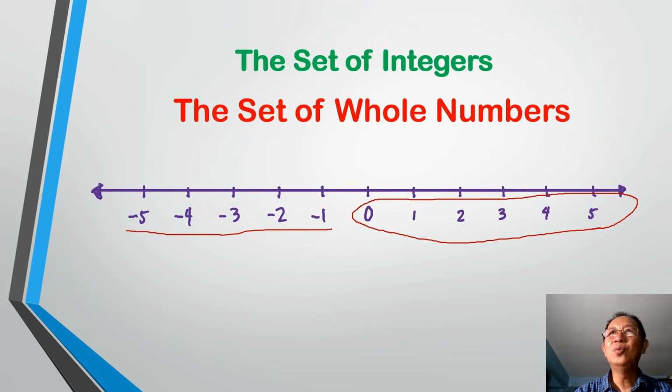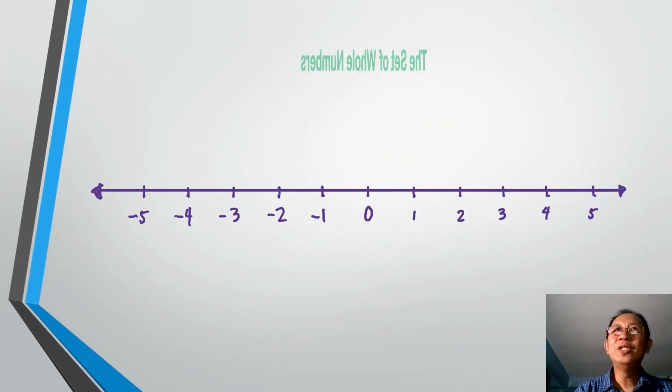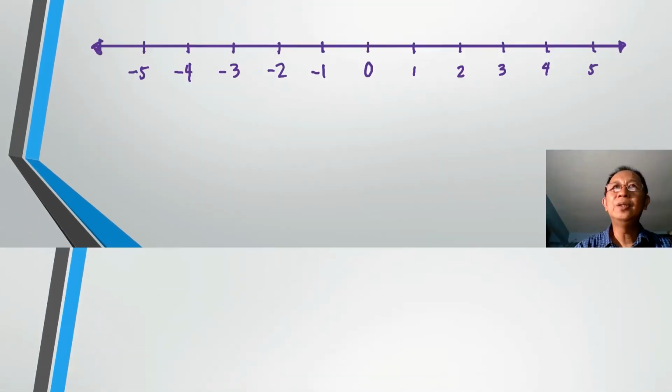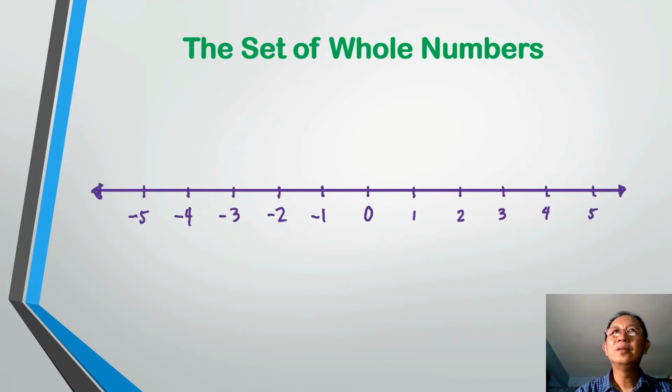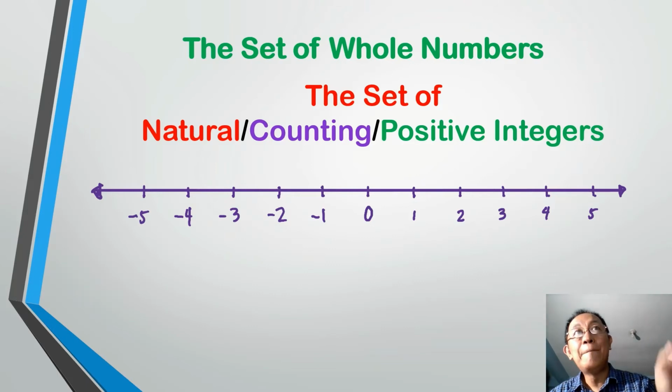And yung the set of whole numbers, two groups din sila. 0 yung isang group, 0. The set of natural, counting, or positive integers. If we will use natural, we will use numbers, no? Natural numbers.